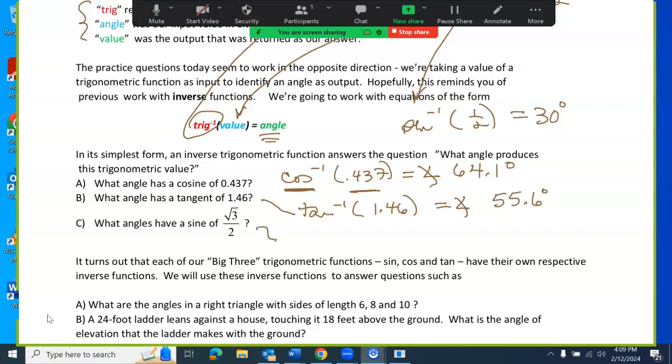What angles have a sine of radical 3/2? So, sine inverse of radical 3/2 is going to give me an angle of 60 degrees. But then I say, okay, I remember that for sine, in the second quadrant, those sine values are also positive.